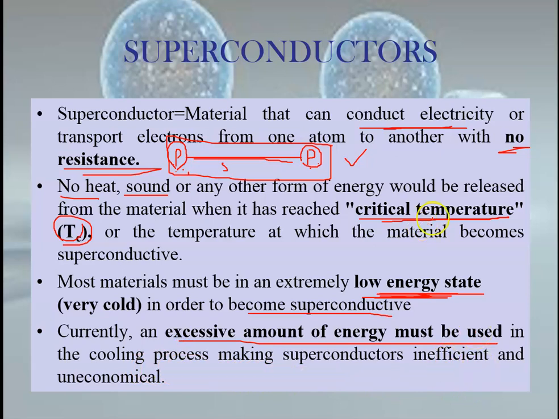As I said earlier, a superconductor only exists when the critical temperature is reached, which is the lowest temperature of all. To reach this particular critical temperature, we need an excessive amount of energy for the cooling process. That's why a superconductor in particular is quite hard to produce.